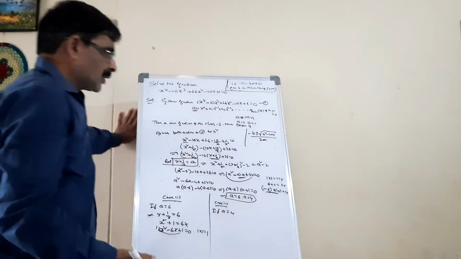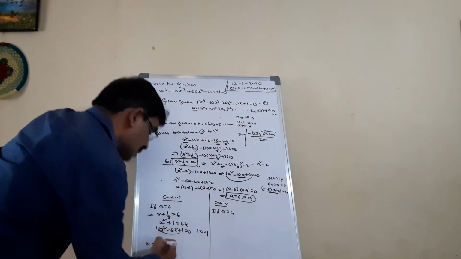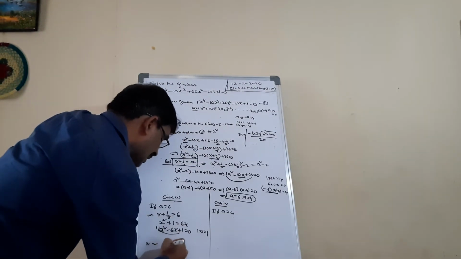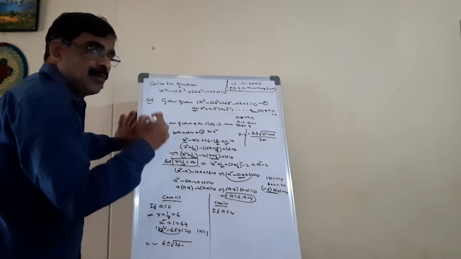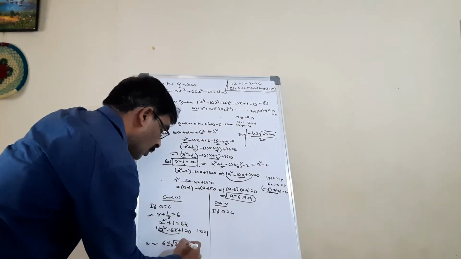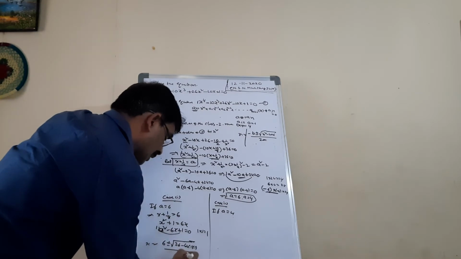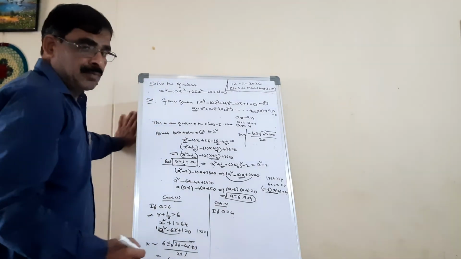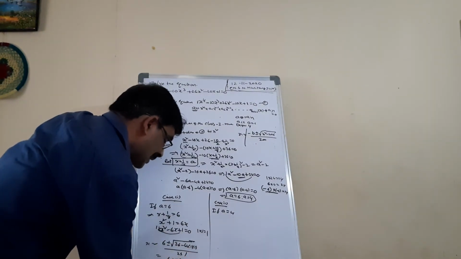You apply that formula, you can get the roots. x equal to minus b, minus of minus means plus 6, plus or minus square root of b square 36 minus 4ac, 4 into 1 into 1, by 2a, 2 into 1. 6 plus or minus square root of 36 minus 4, we have 32, by 2.